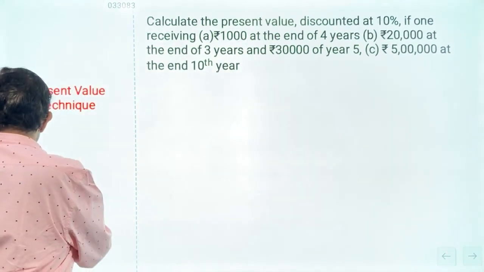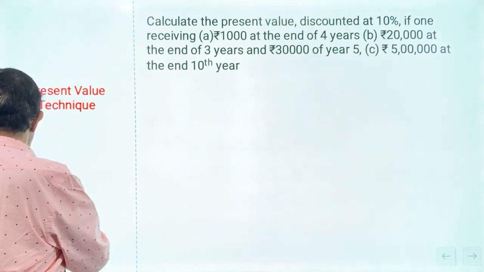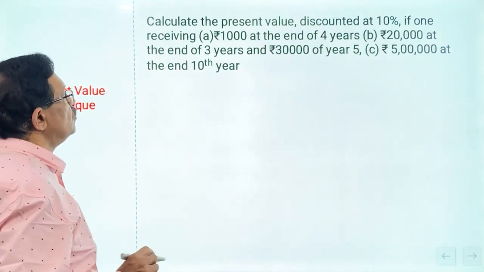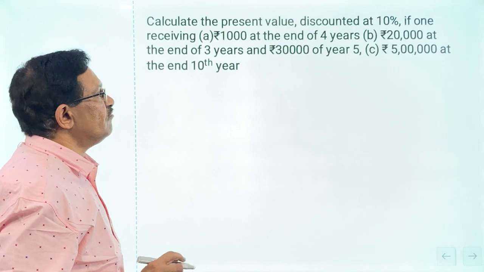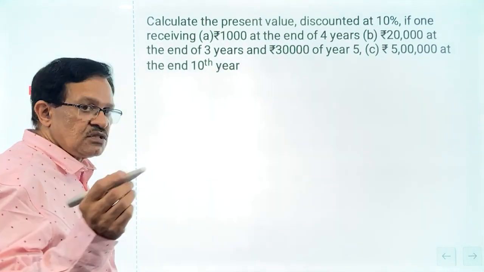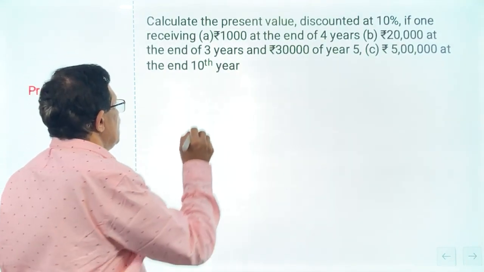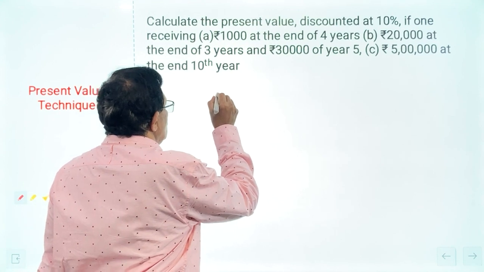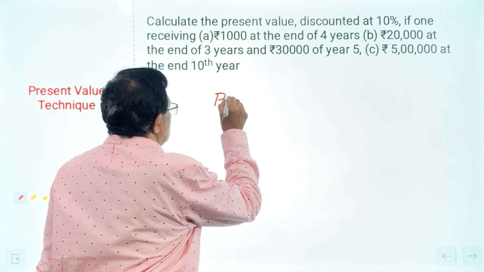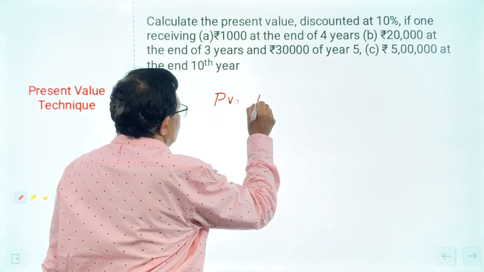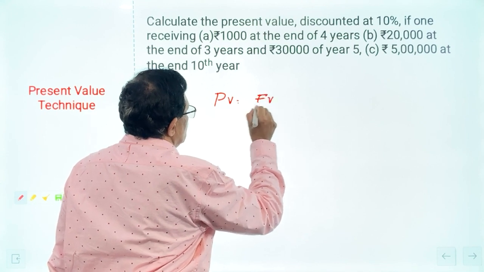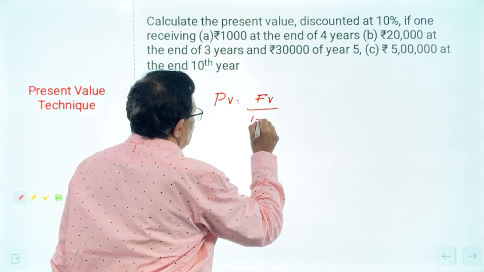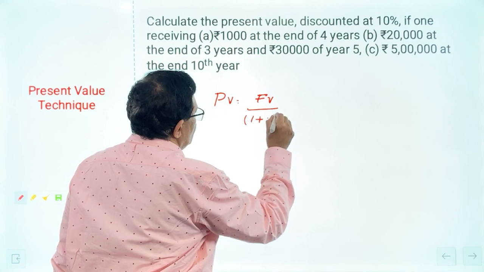We have understood that the present value can be found out with a formula which I have discussed in the last class: the present value is equivalent to the future value divided by (1 plus i) whole over of n.